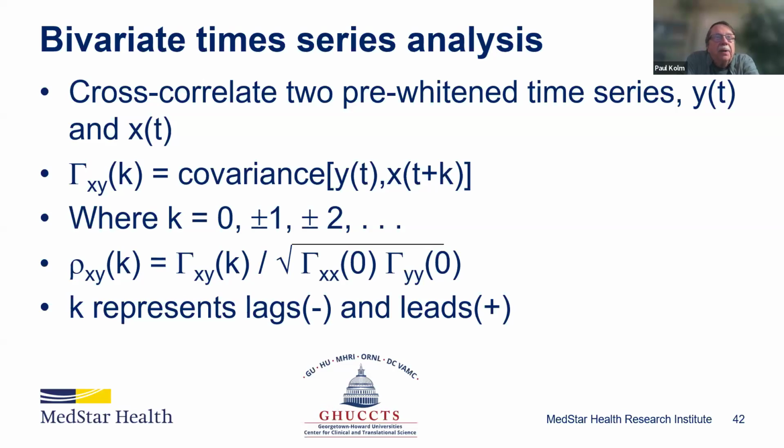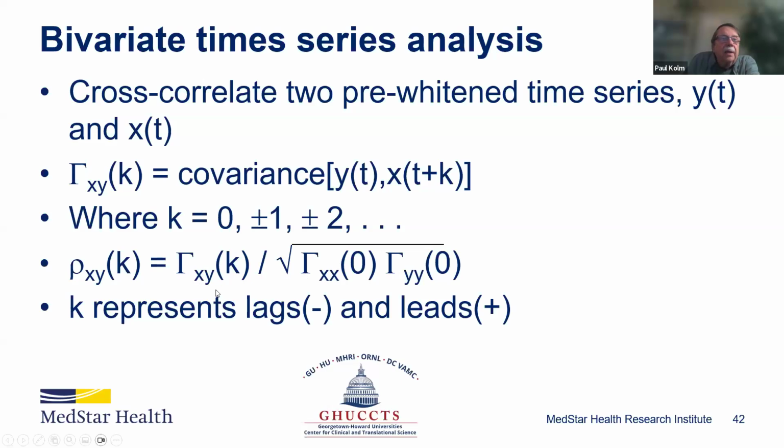I have the formulas here, but basically what we're saying is that the correlation at any lag or lead, represented by the K, is a function of the correlation at the two time points for the two time series divided by the square root of the variance of each series.